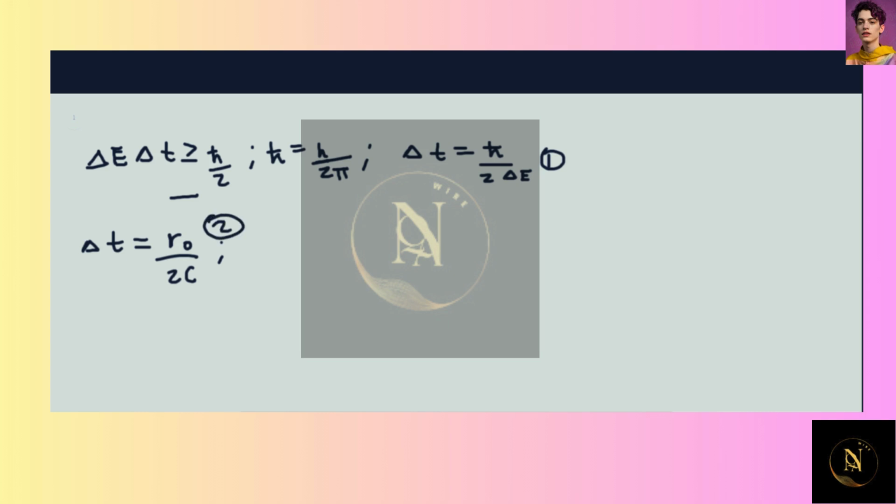If I set 1 and 2 equal to each other, I can get an expression for R naught involving just h bar and energy. Let's do that. Setting 1 equal to 2. H bar over 2 delta E equals R naught divided by 2c.